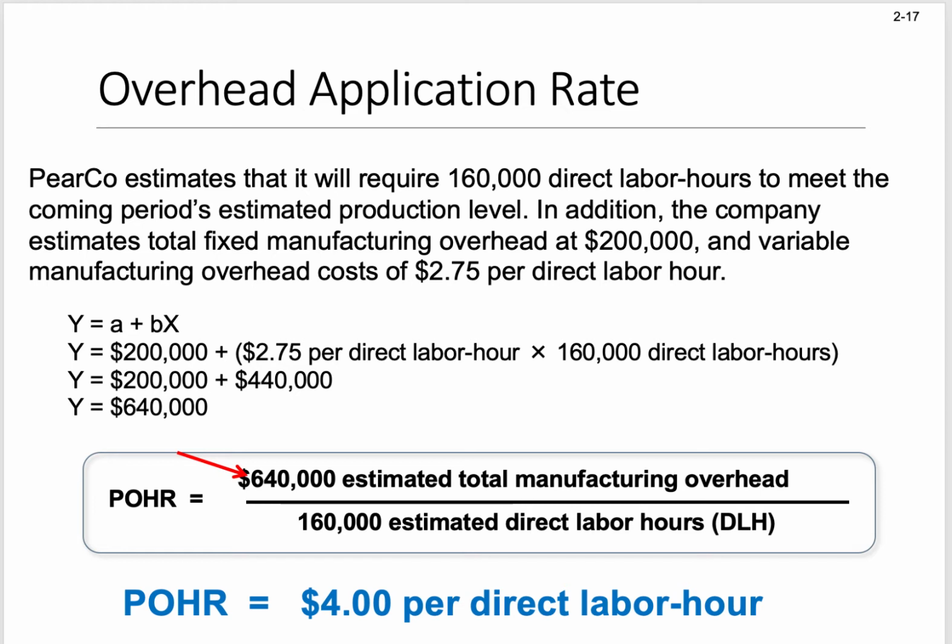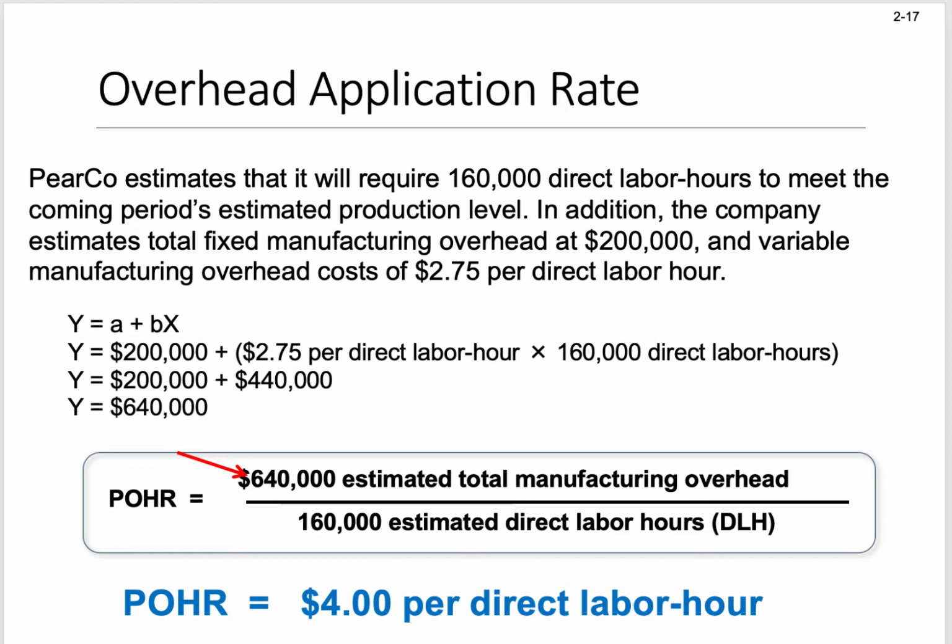Just by reading that, and if you think back to video 2, we know what the 4 steps are to calculating the predetermined overhead rate. The information they gave us walks us through those steps. Number 1, figure out the estimated allocation base.